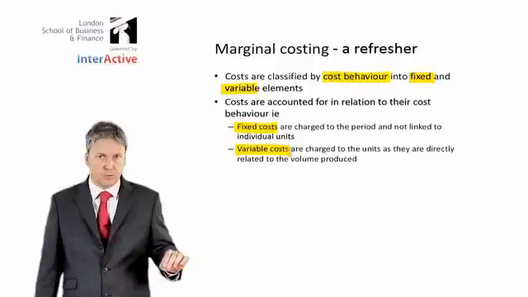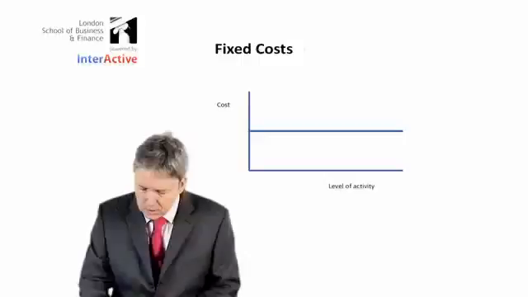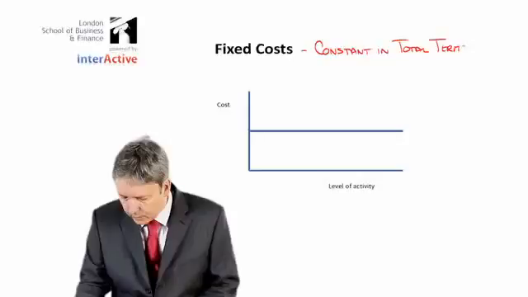Now, if we were to look at fixed costs, we could define a fixed cost as a cost which does not change with activity. Or if you wish, a cost which remains constant in total terms. Maybe that is a better way of thinking about it. As such, if we were to plot our fixed cost, it would look something like this, plotting cost to level of activity.